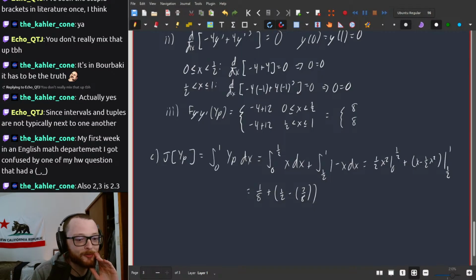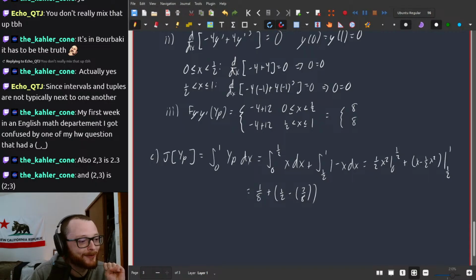Oh, the commas and decimals thing. I forgot about that. Yeah, I'm not a fan of switching the commas and decimals. First week in the English math department, I got confused by one of my homework questions that had the parentheses. Wait, really? For points? You use a semicolon? Oh my god, that's all wrong. Semicolons look like eyes.